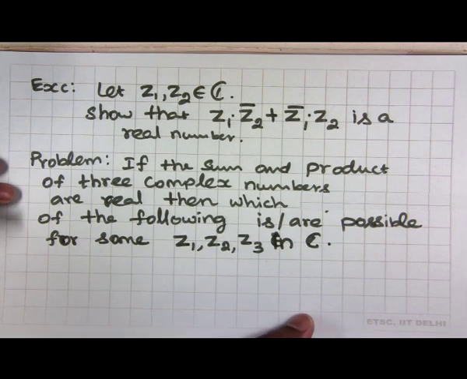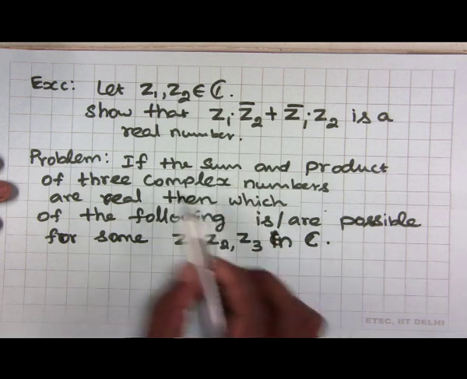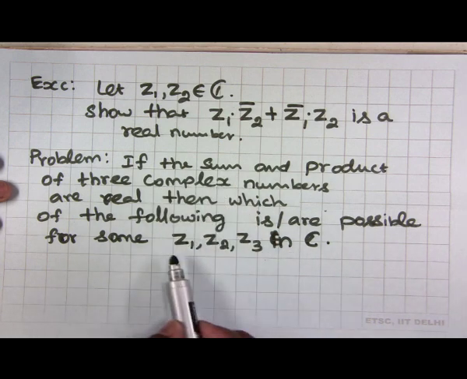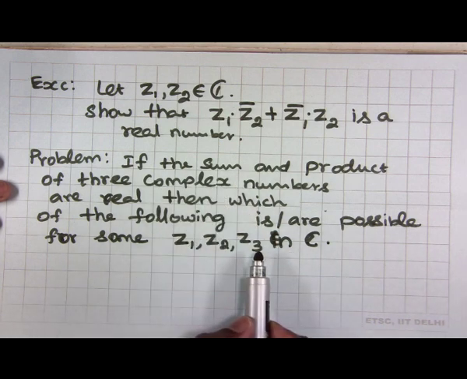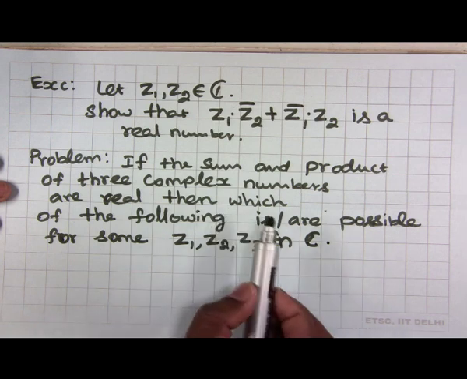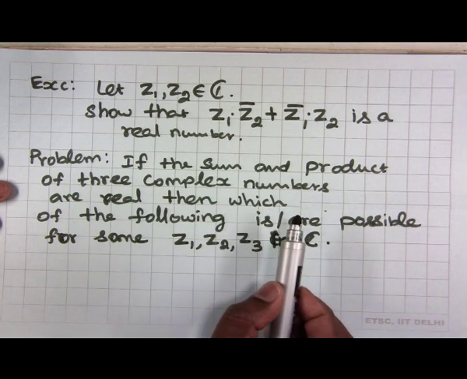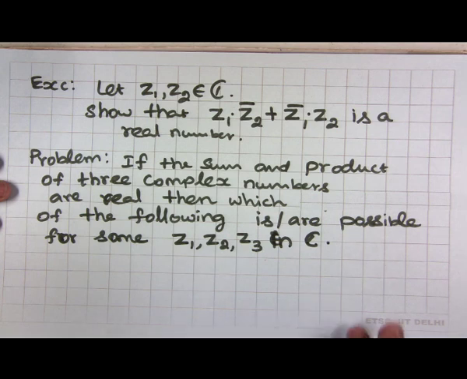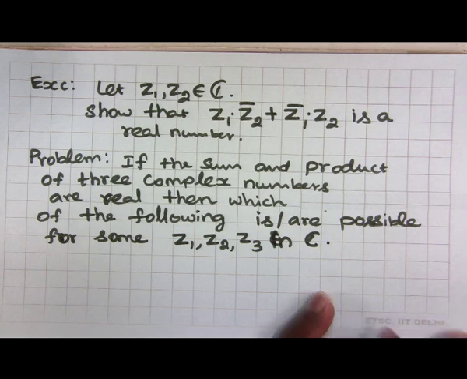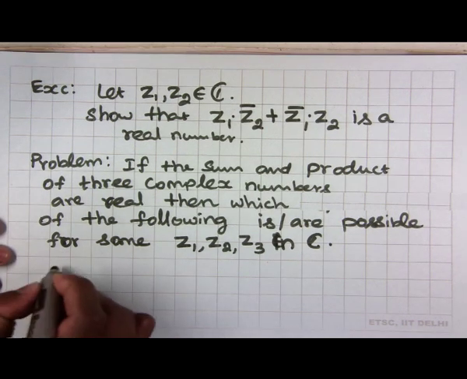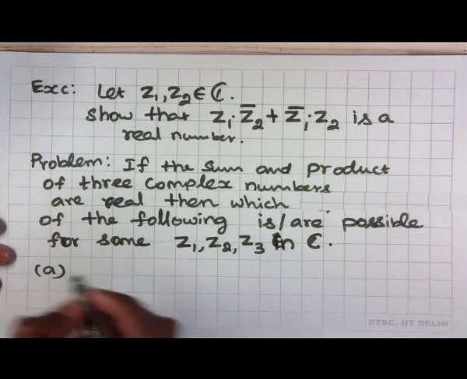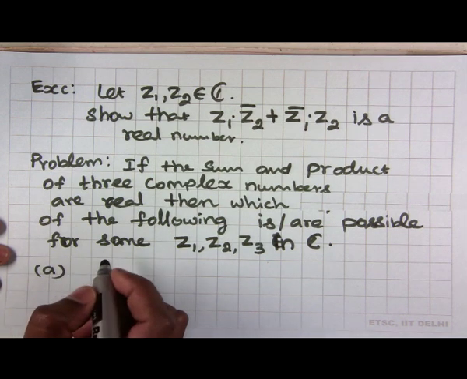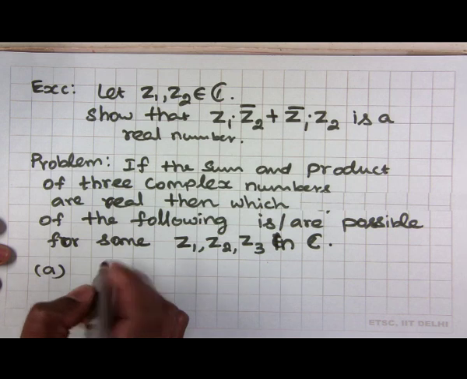So, what is given here? We are considering 3 complex numbers, their sum and product give a real number. So, now our question is, which of the following is possible? First choice is: exactly one of the 3 numbers is non-real.